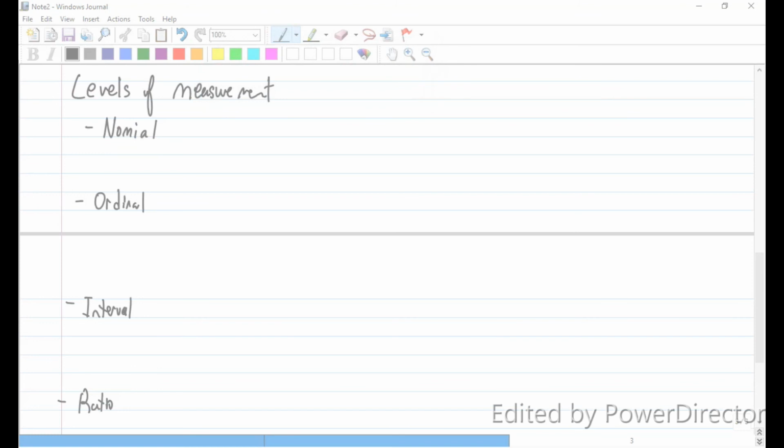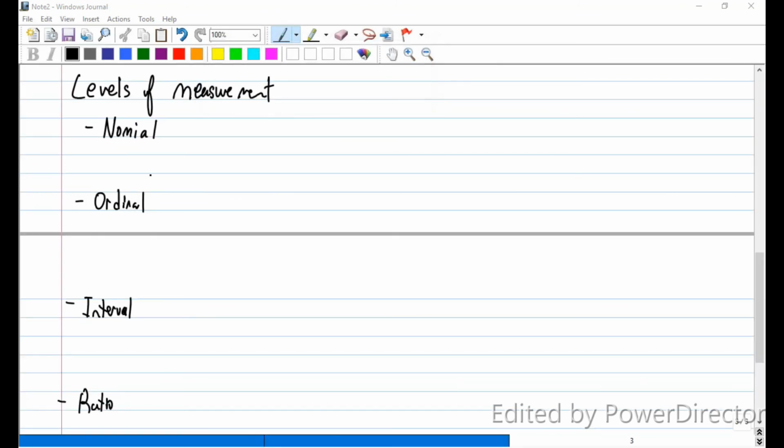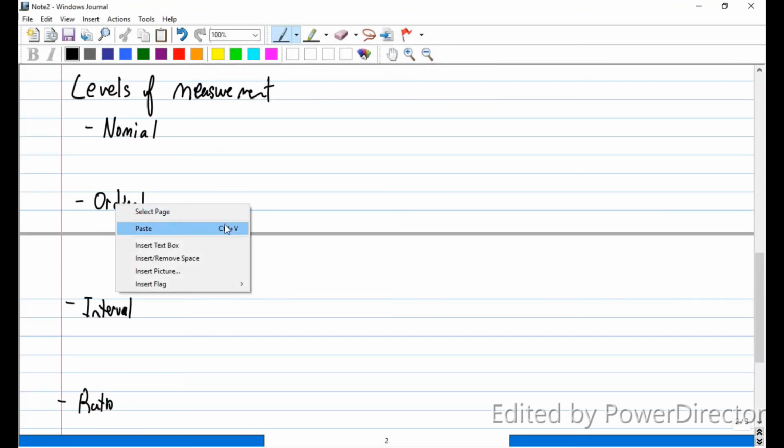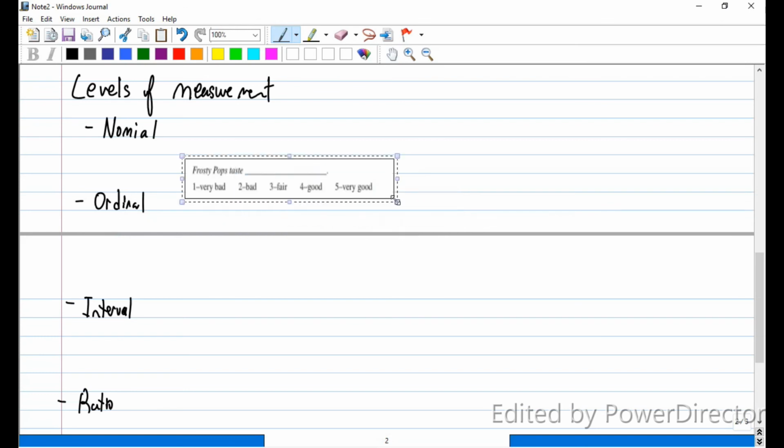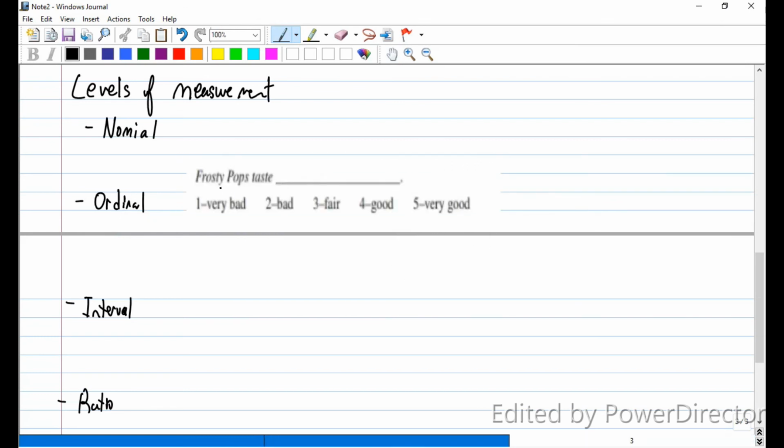This is something out of your textbook. If I ask you this question and we all had tasted Frosty Pops, then I could take that data and rank it from very bad to very good, or very good to very bad, right? I could order it in some way, and it would have meaning.